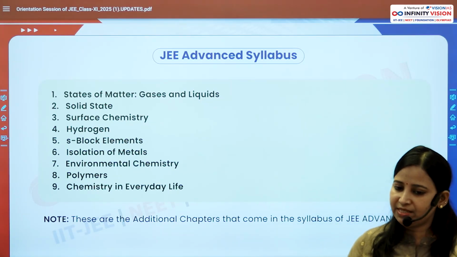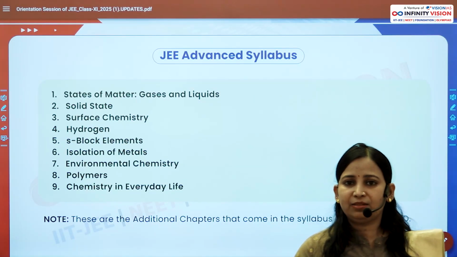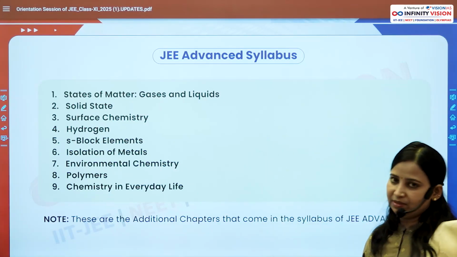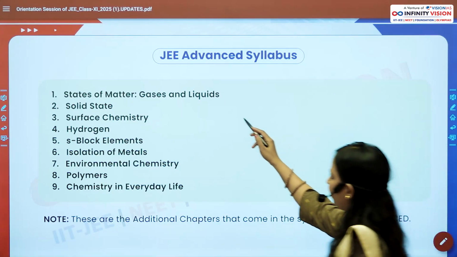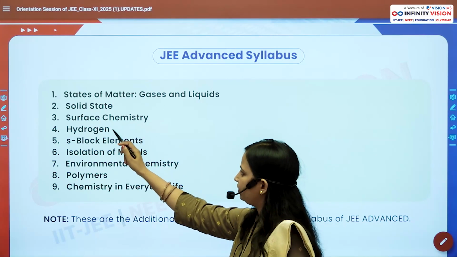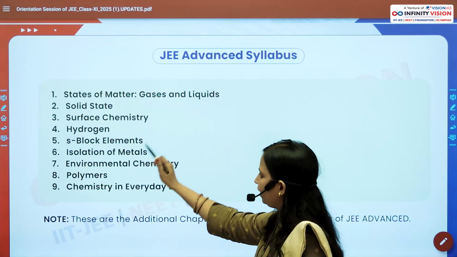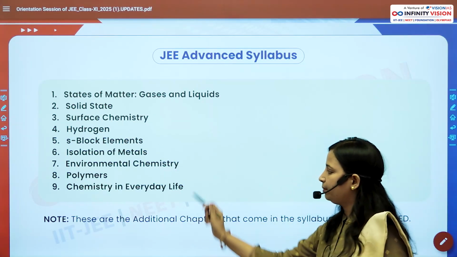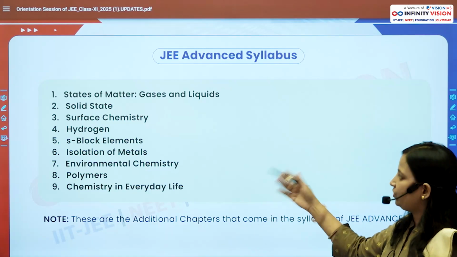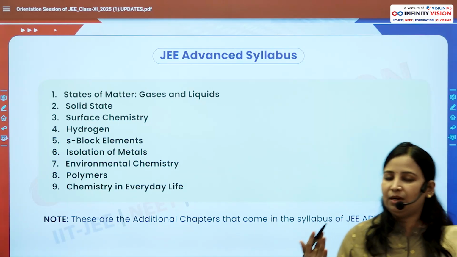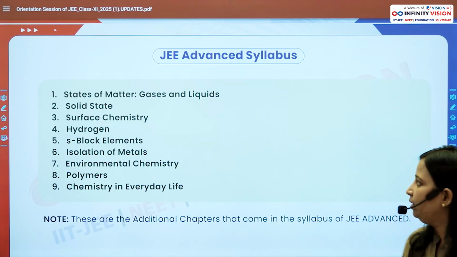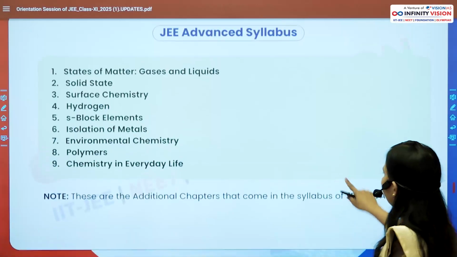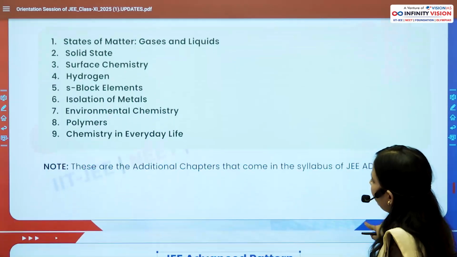It comprises the JEE Main syllabus plus 9 additional chapters, which are listed here: states of matter, gases and liquids, solid state, surface chemistry, hydrogen, s block elements, isolation of metals, environmental chemistry, polymers and chemistry in everyday life. These are additional chapters which you have to prepare for the JEE Advanced exam. This is in chemistry. Now this is the additional syllabus.